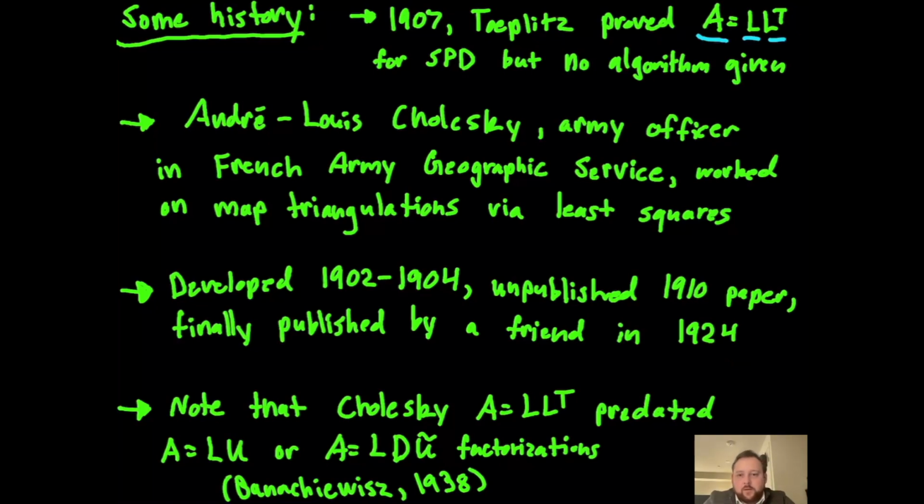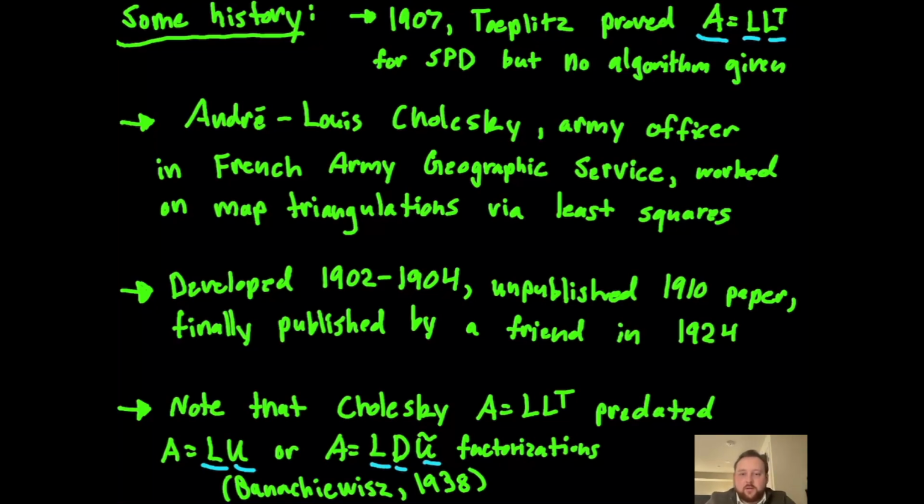Yeah, and then the other interesting fact is that comparing this to Gaussian elimination, and we talked about all these different types of factorizations, Cholesky actually predates all of these, right? I had mentioned in that video that Banachiewicz in 1938 had pointed out that people had been using Gaussian elimination for a long time, but actually this process is generating an L and a U factorization, or an LDU factorization.